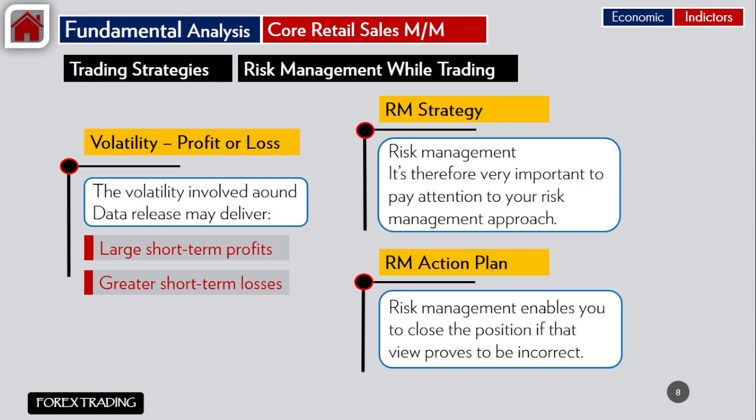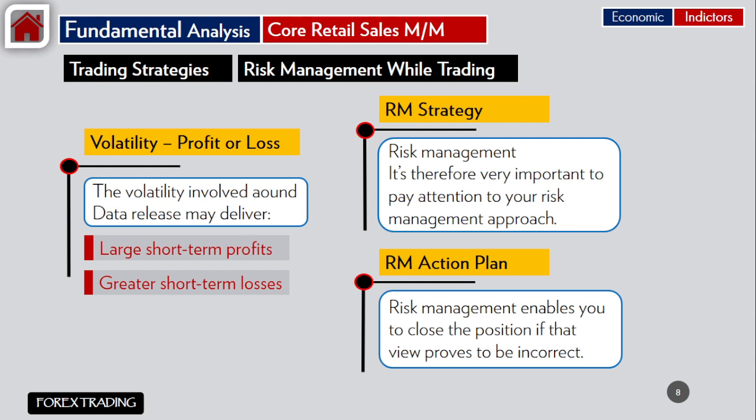When you do that, volatility can lead you into profit or losses. You may end up with large short-term profits, but at the other end you may also end up with greater short-term losses as well. This is what volatility does to everybody, profit or losses. And when you have that, you have to have your risk management strategy in place while trading. It's therefore very important to pay attention to your risk management approach.